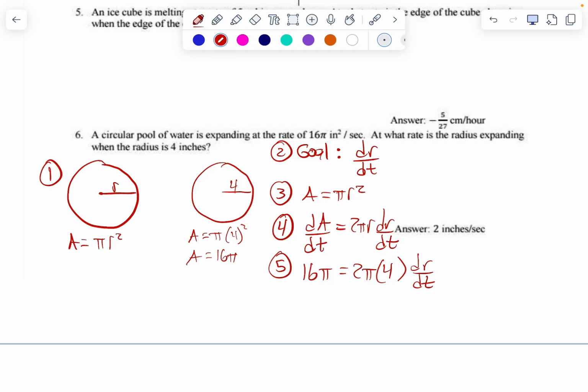It's always okay to have extra information. Now, what is the unit for this? What do we label? Well, it says it right there. The answer is inches.